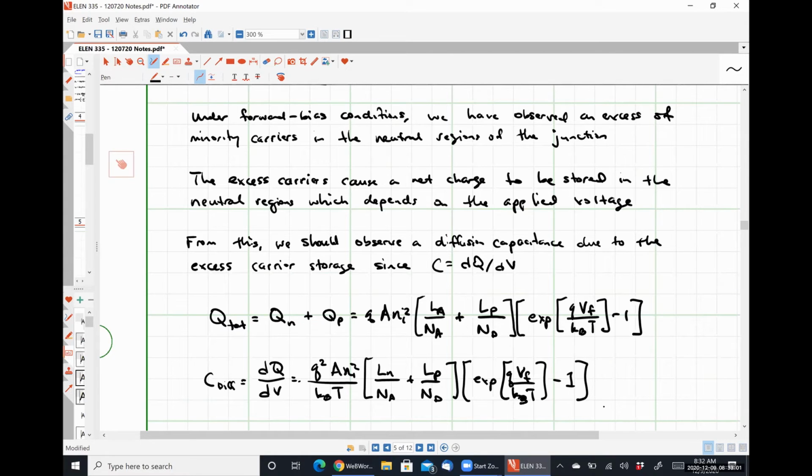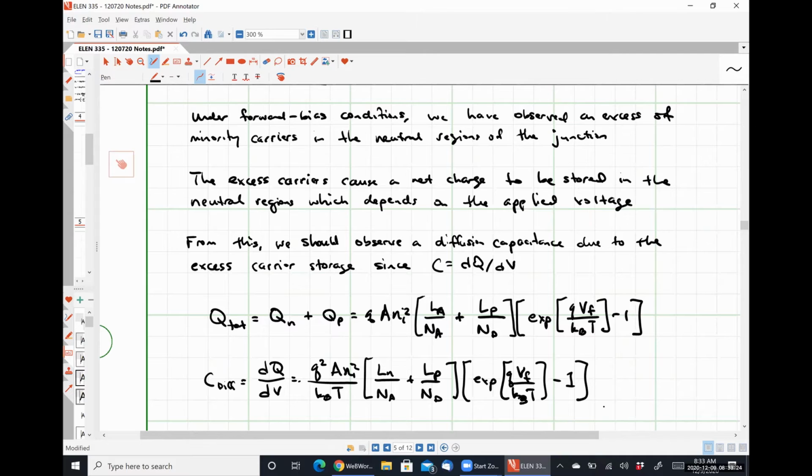I just want you guys to be very aware. This is a capacitance mechanism that is entirely separate from the junction capacitance that we talked about previously. This capacitance only arises in forward bias conditions because of the minority carrier injection that is occurring.